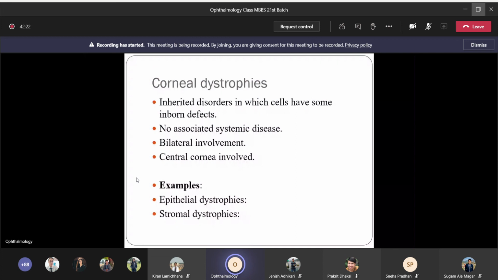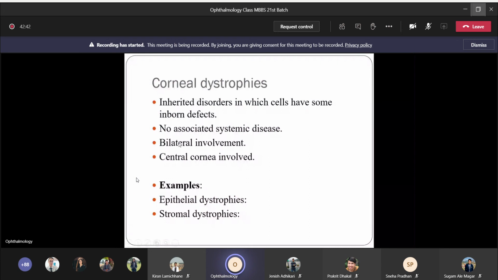Now coming to the dystrophies, these are usually inherited disorders in which cells have some inborn defects. There is no associated systemic disease in such cases. It has a bilateral involvement and the central cornea is involved. So it has no systemic association, unlike degeneration.